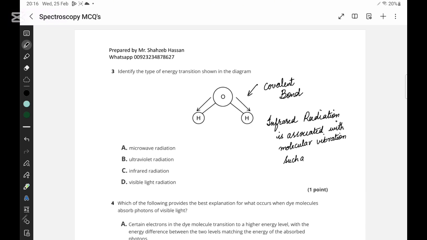Bond stretching is happening here, so infrared radiation is going to be present here. So our right answer is going to be infrared radiation, that is C.